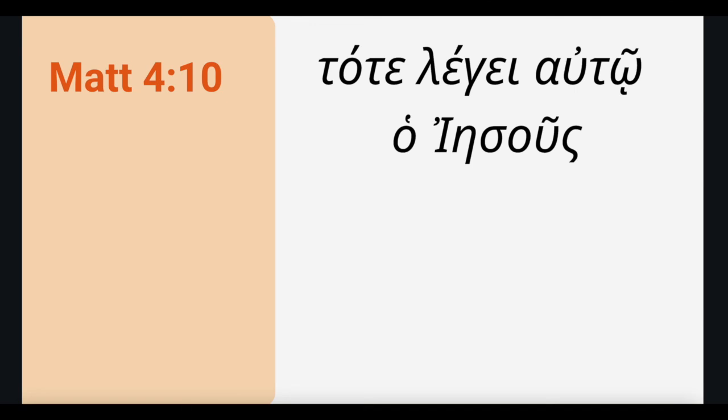But, obviously, Greek uses the definite article here before names, whereas in English we would never do such a thing. So we're going to translate this, then Jesus said to him, past tense, even though the verb in Greek is present tense. And the reason why we translate it in the past tense is simply because of the context.